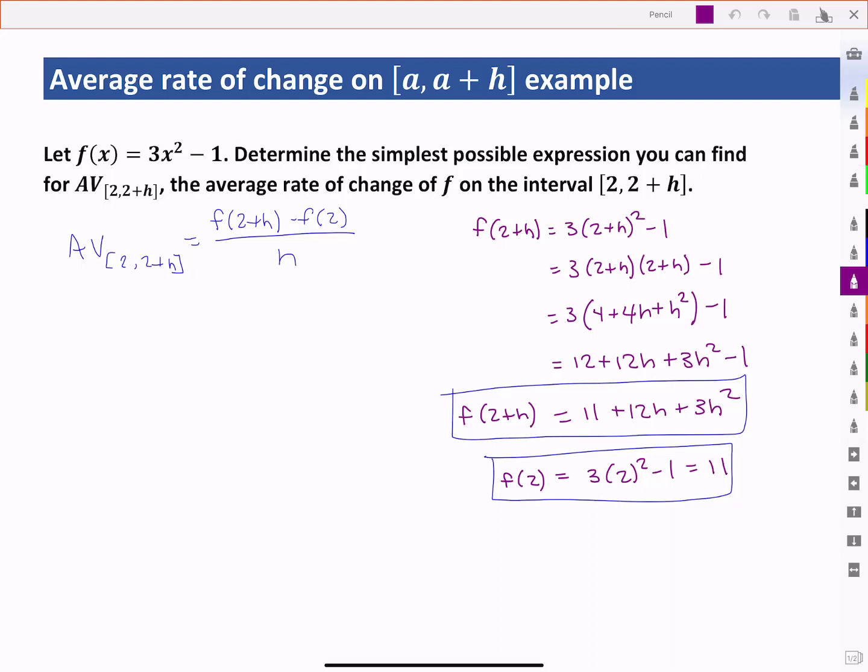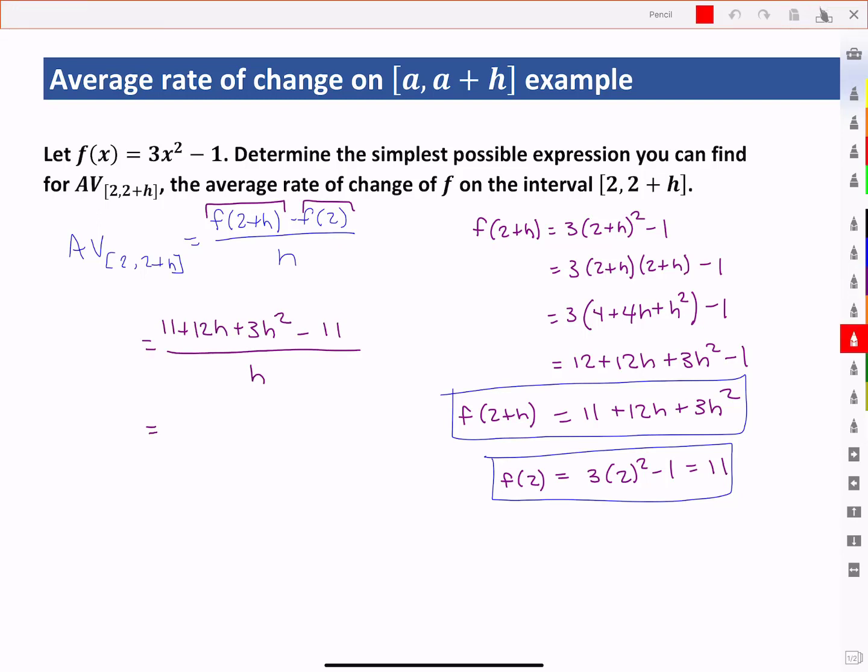So we're going to replace f of 2 plus h with the quantity that we just found, 11 plus 12h plus 3h squared, and we will replace f of 2 with the value of 11 that we just found, and we will divide all of that by h.